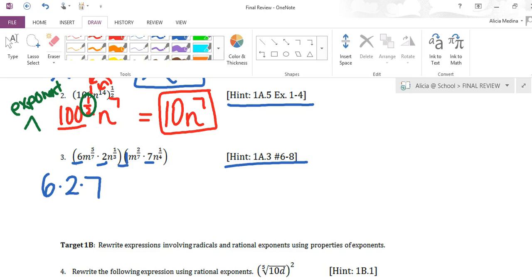Then I'm going to look at my m's. M and m. So m to the 5/7. Since I'm multiplying, I'm going to add those exponents. And then I'm going to do the same thing with my n's. So n to the 1/3 plus that 1/4.